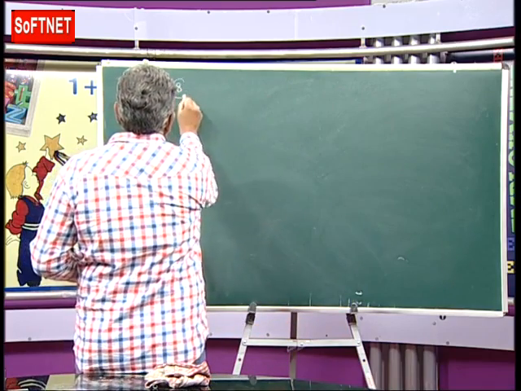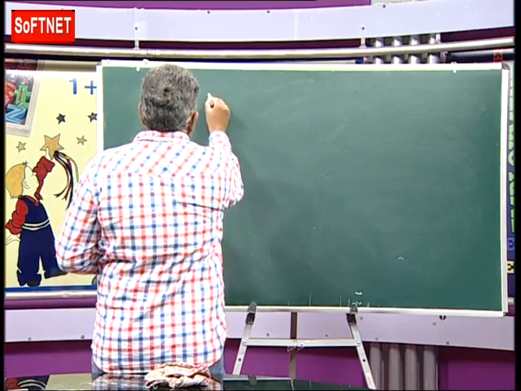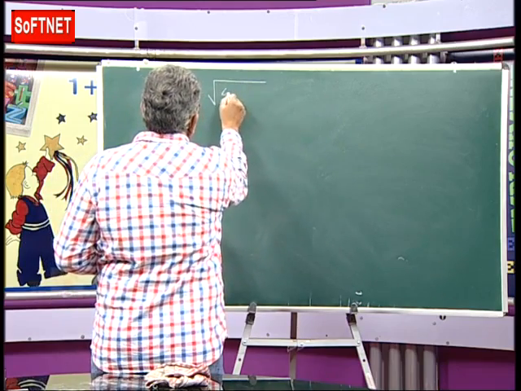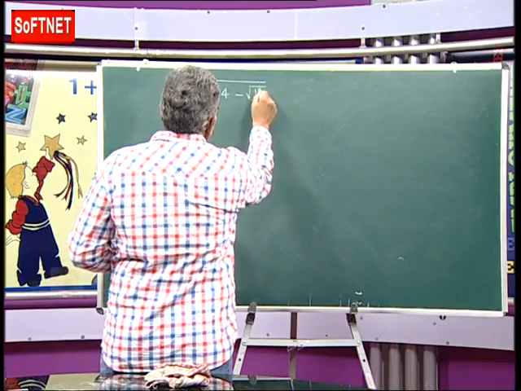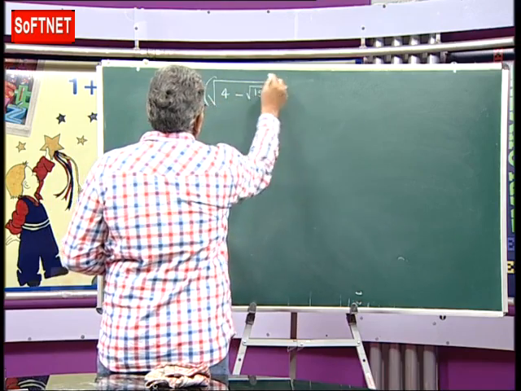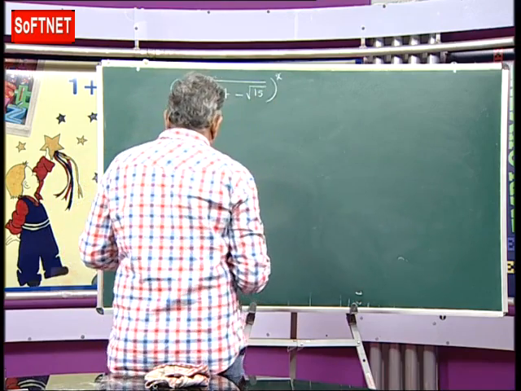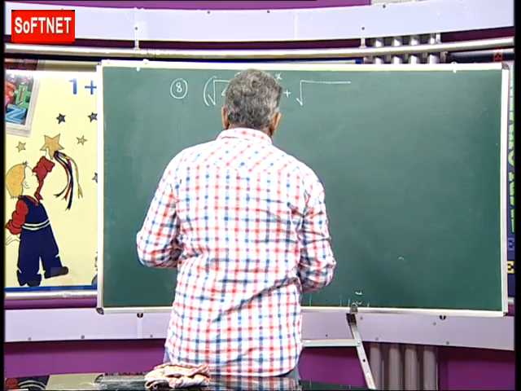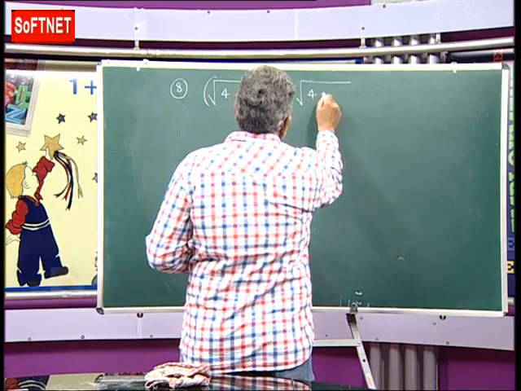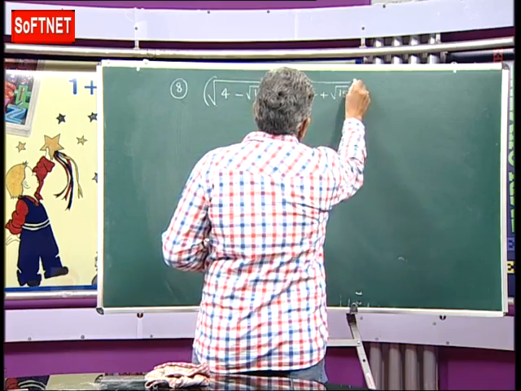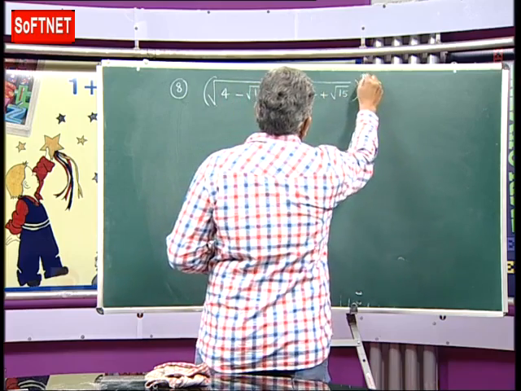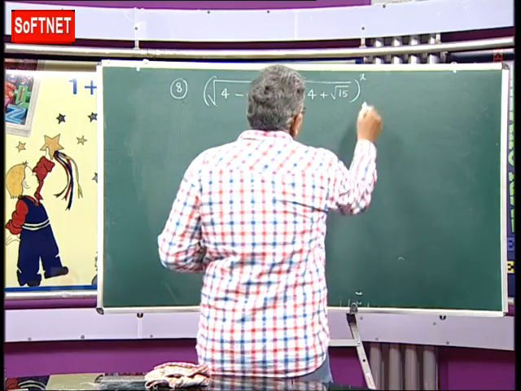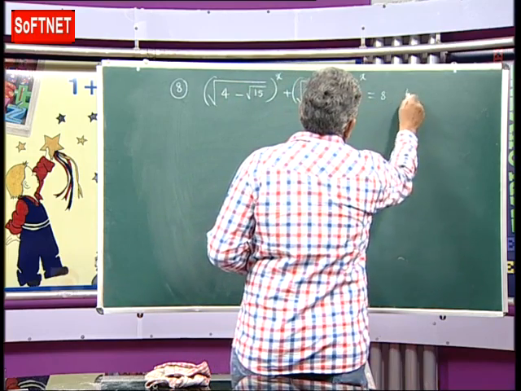One more problem. Root of 4 minus root 15 whole to the power of x plus root of 4 plus root 15 whole to the power of x equal to 8.